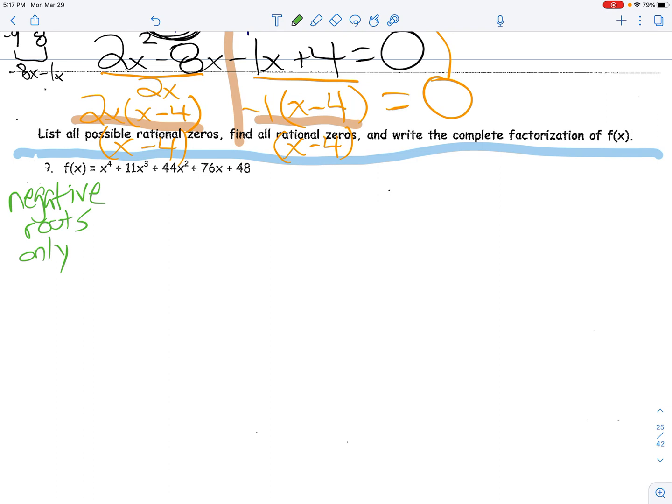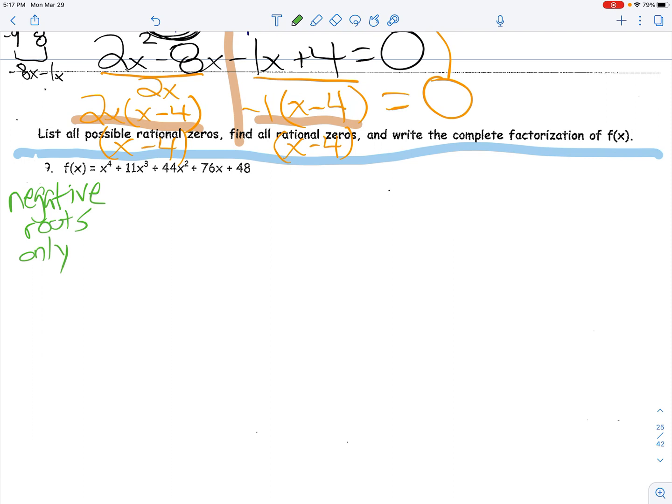We're back, finding the possible rational roots, getting the rational roots, and writing the complete factorization, right?